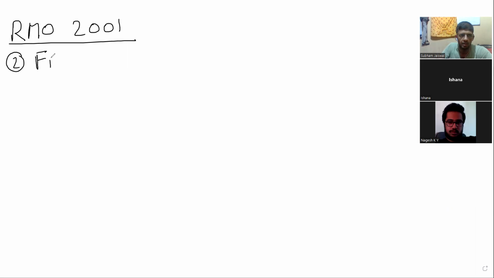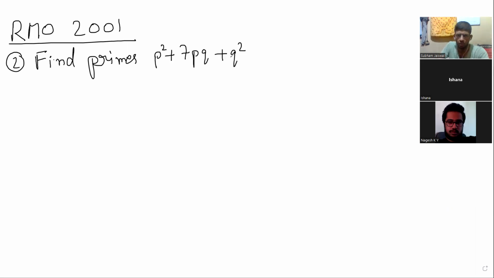Find primes P and Q such that this is a perfect square.